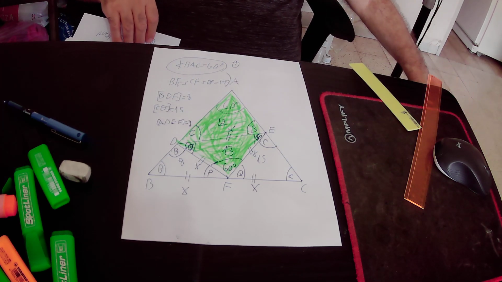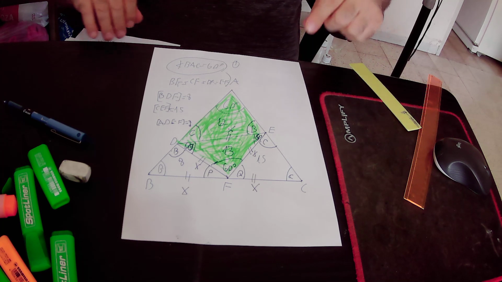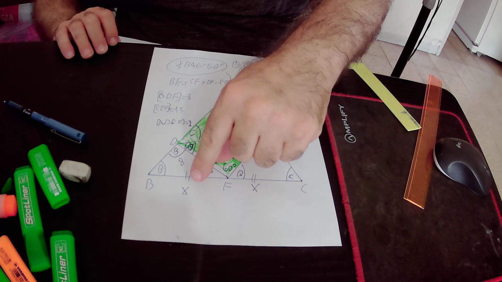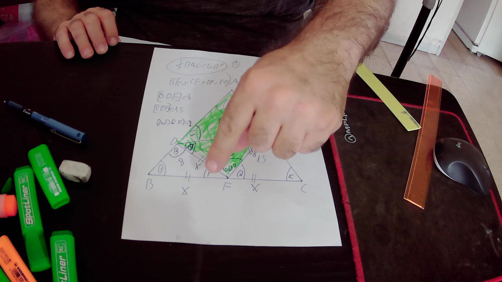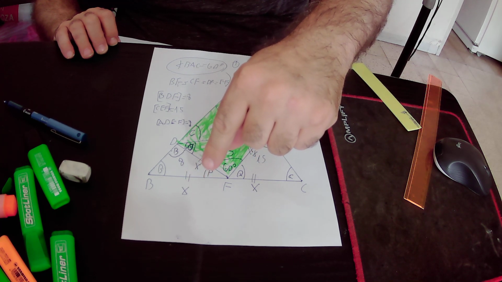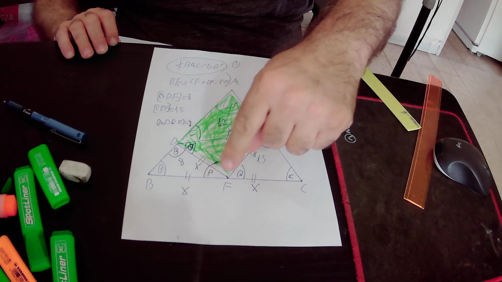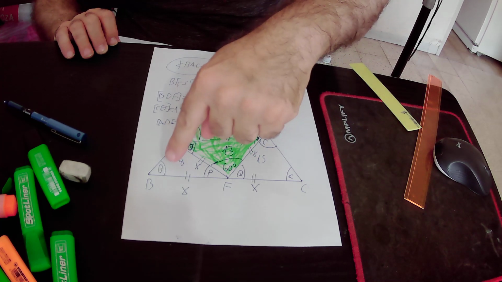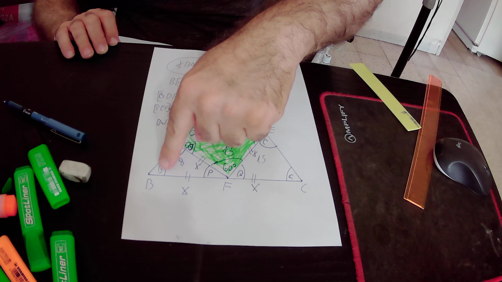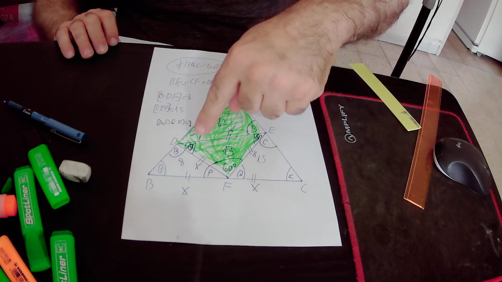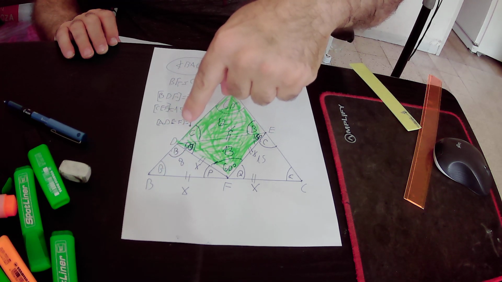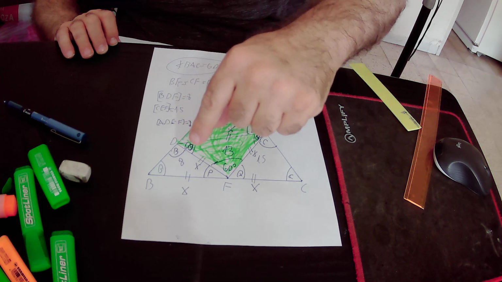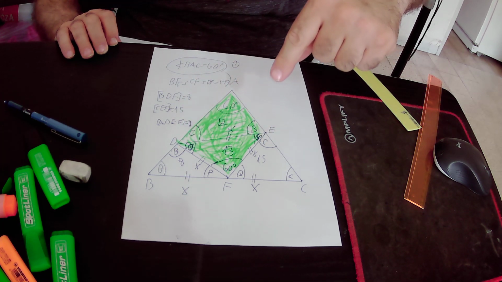So in triangle DBF we have two equal sides, side DF equals side BF, and we know that this angle is angle B, so angle FDB must also be equal to B because of rule number 2.